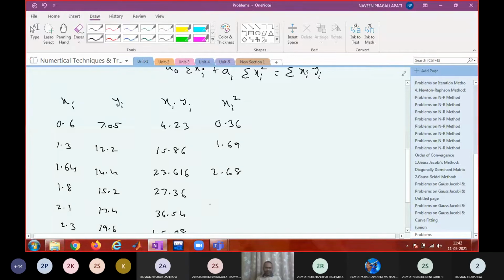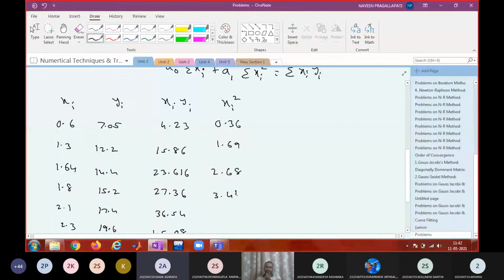Okay, next, 1.8 square. What is 1.8 square? 3.24.